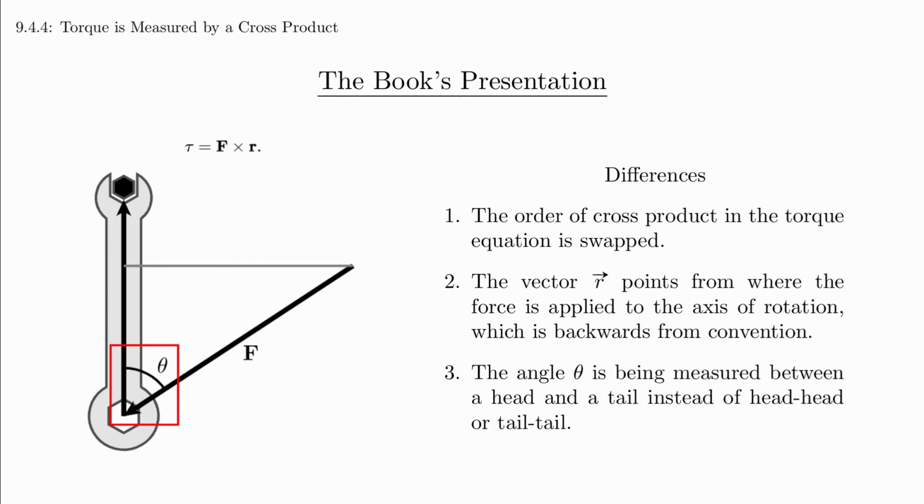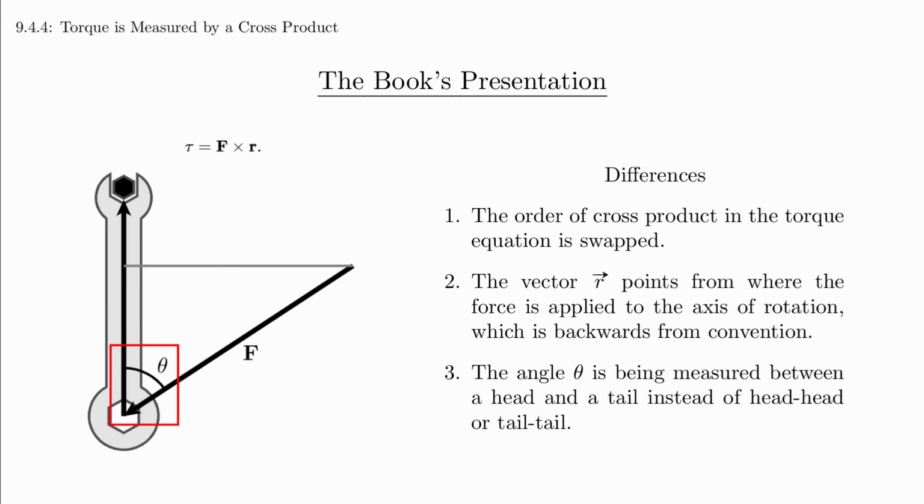The third difference is that the angle theta is not the conventional angle between vectors, which is the angle formed when the tails are put together. For various formulas involving the sign of this angle, it turns out it doesn't matter and you'll get the same result by following the book's presentation. So there's nothing mathematically wrong with the book, it's just different from the physics conventions.